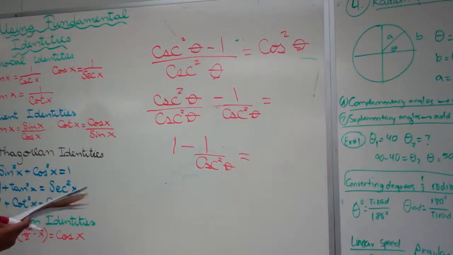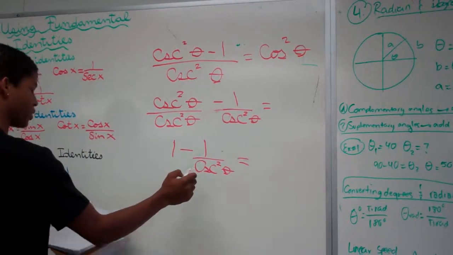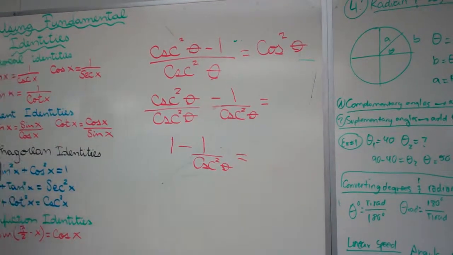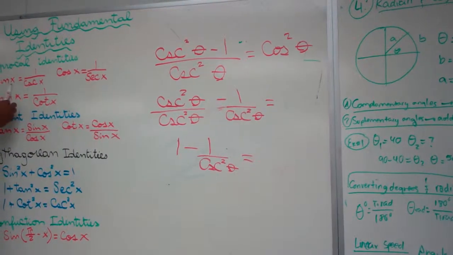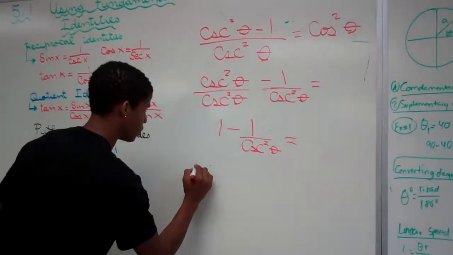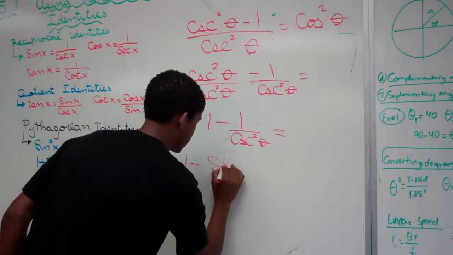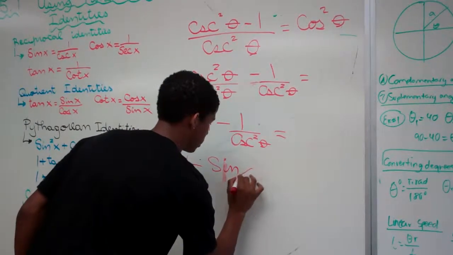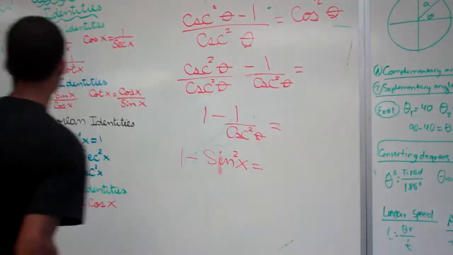And we know that 1 over cosecant squared is also sine squared. So 1 minus sine squared of theta.